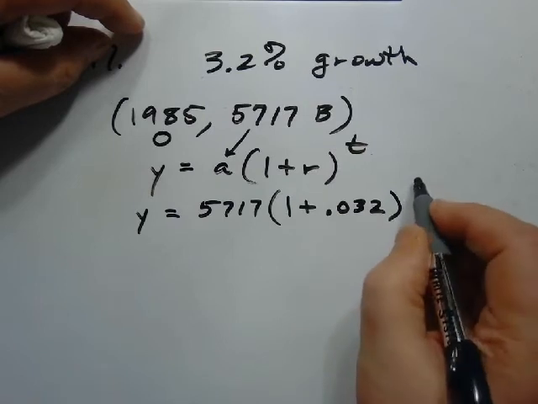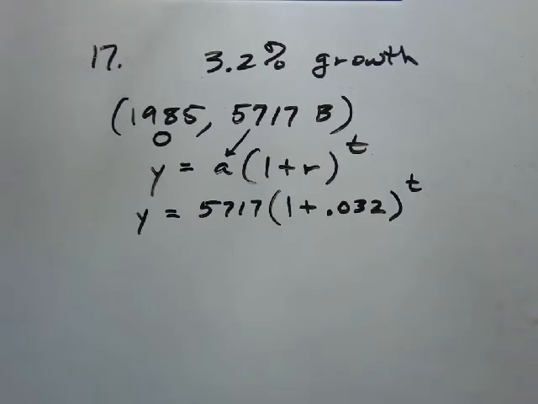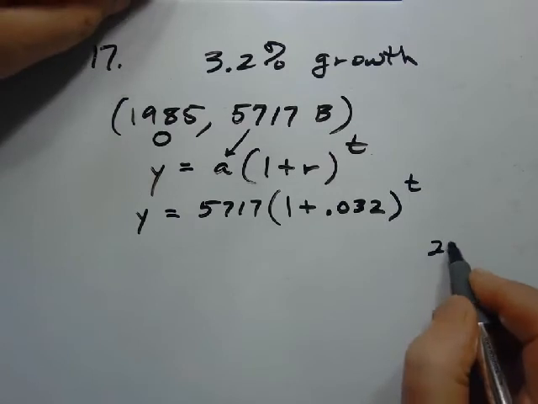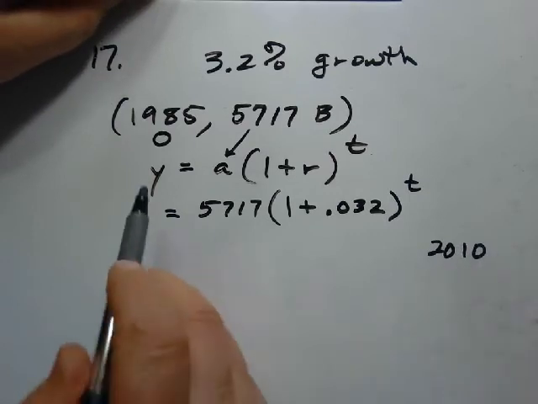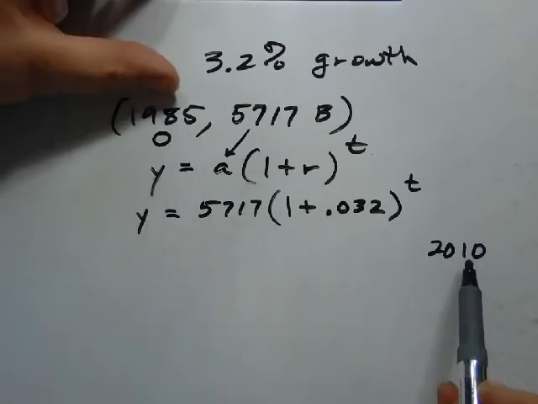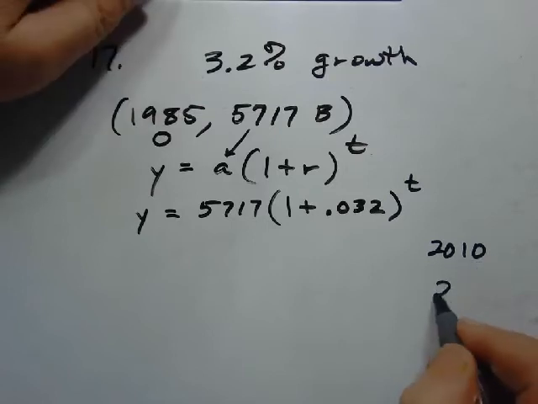3.2% times T. So there's your formula, and this particular problem, problem 17, says assume this rate of growth continues, what will the GDP be in 2010? Well, in the year 2010, that is 15 plus 10, is 25 years.